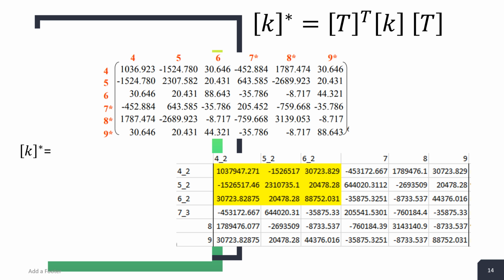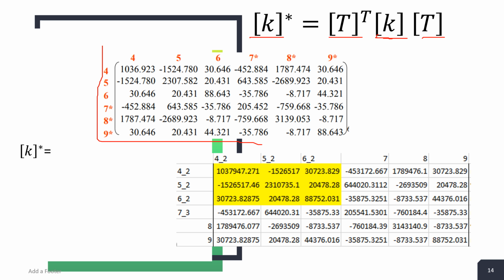And so when you multiply, you get the stiffness in the correct orientation. So the transpose of the transformation matrix times the stiffness in the horizontal direction times the transformation matrix, you get the K star, or the stiffness matrix in the required direction.